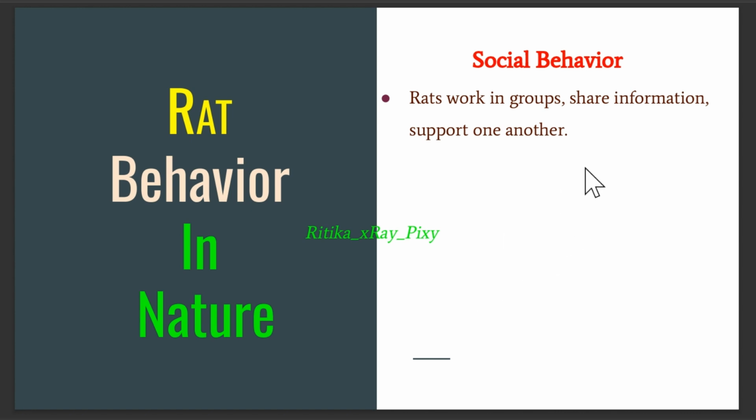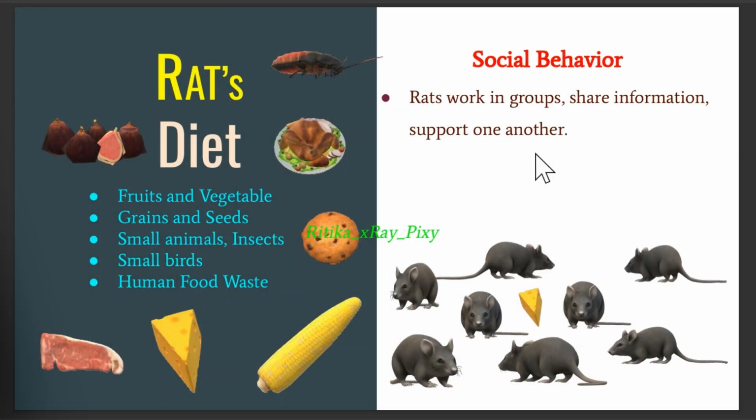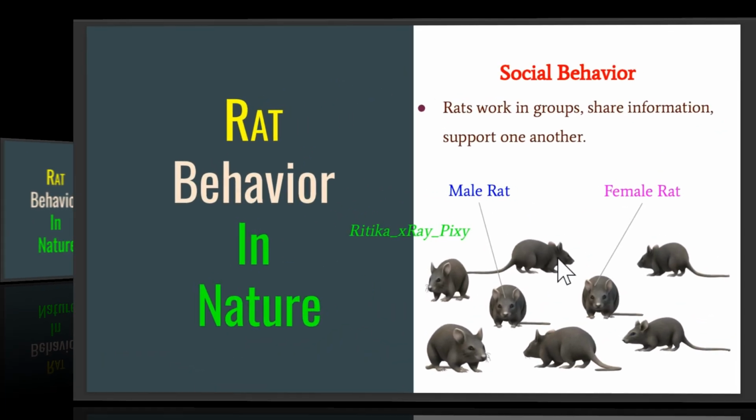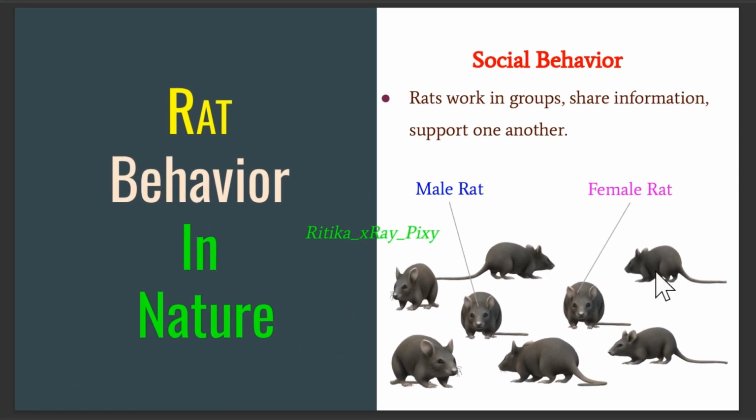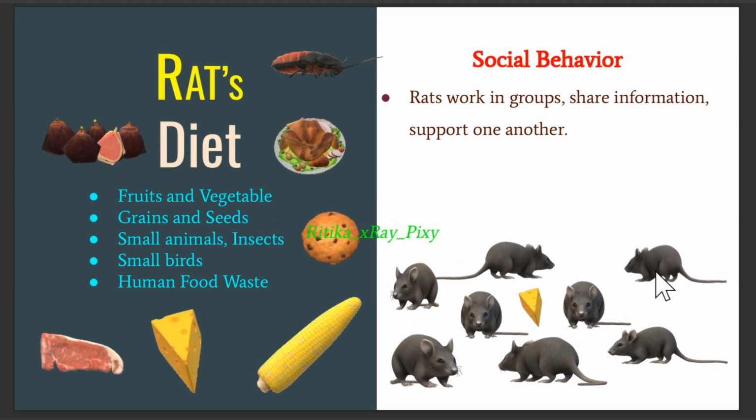Rats display a highly social behavior. They work in groups, share information, and support one another in achieving goals. You can see here, in real life, rats live in groups, and in their groups they have both males and females, and they share information with each other and support one another.